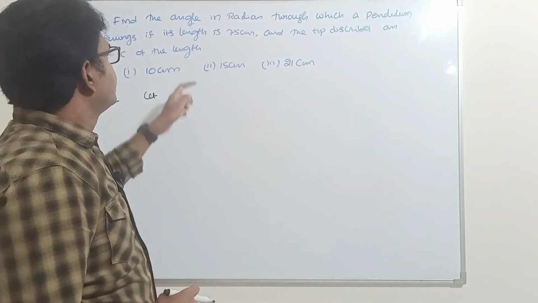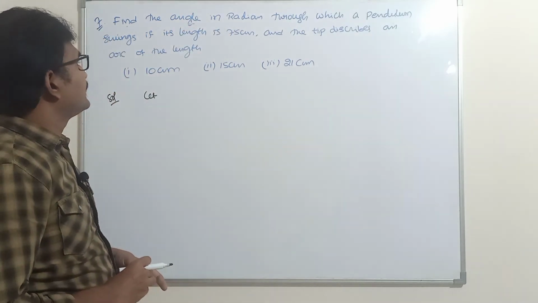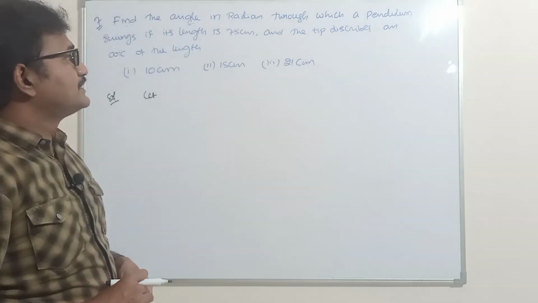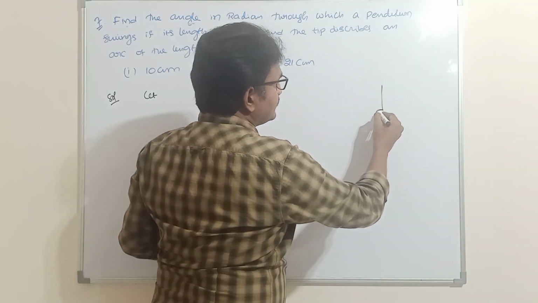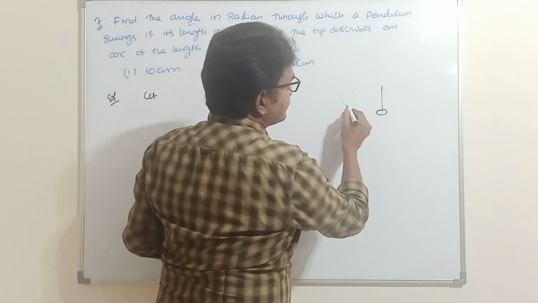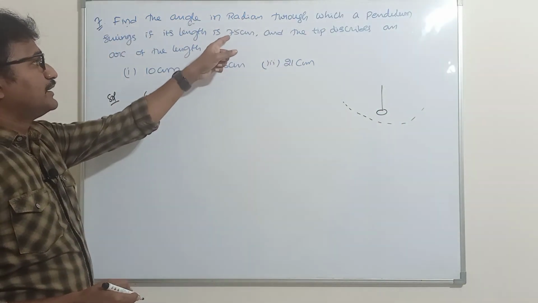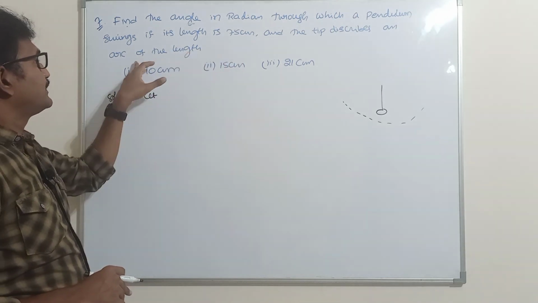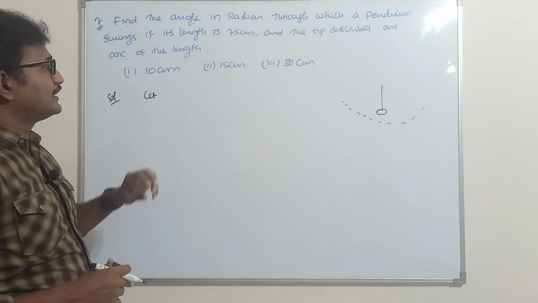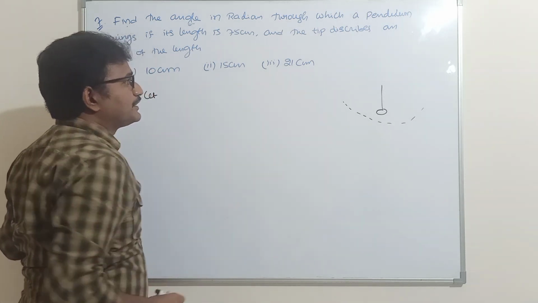Our next question: find the angle in radians through which a pendulum swings. Its length is 75 centimeters. This is a pendulum swinging. That means the radius of the pendulum is given, 75 centimeters. It describes an arc of length 10 centimeters, 15 centimeters, 21 centimeters.